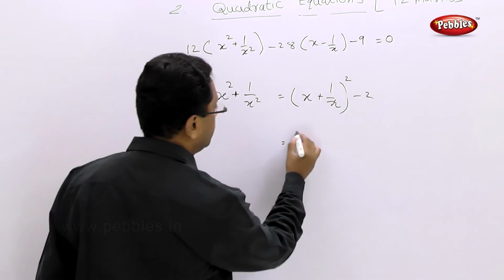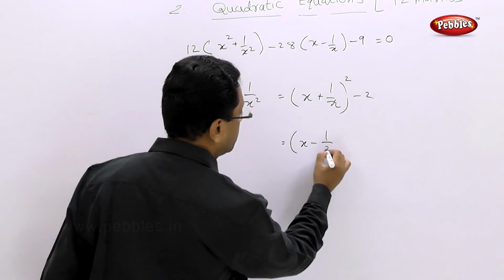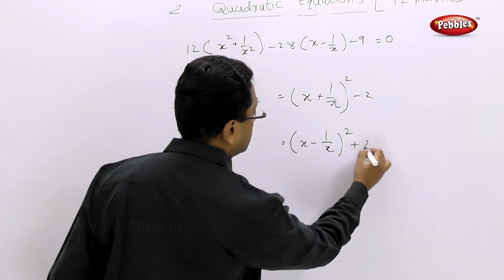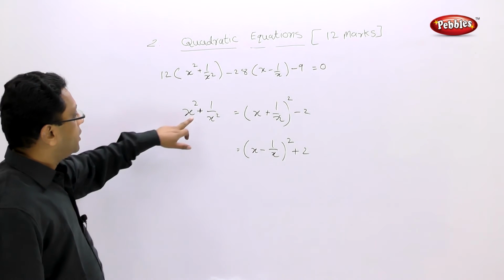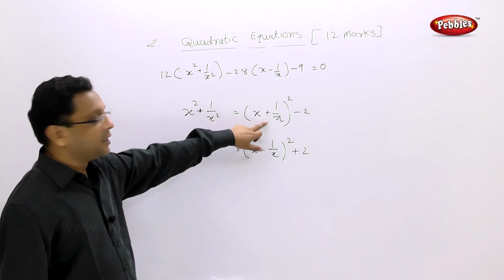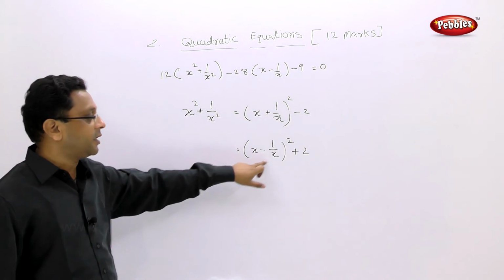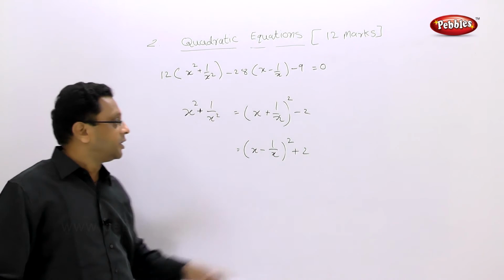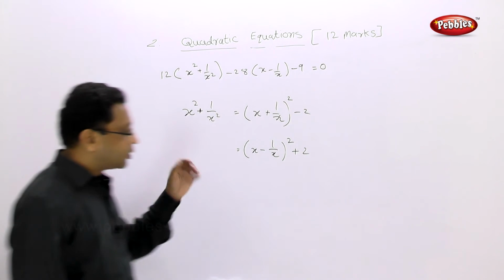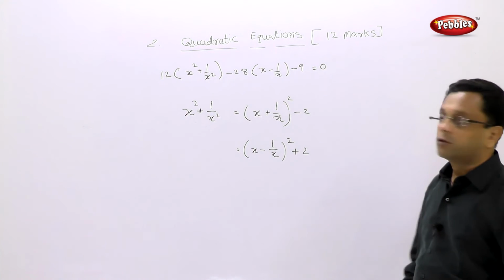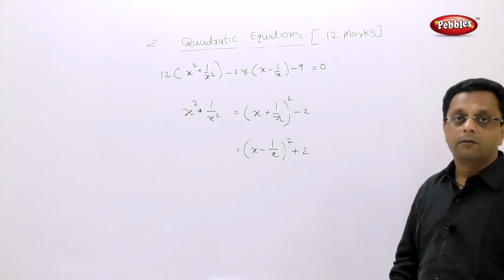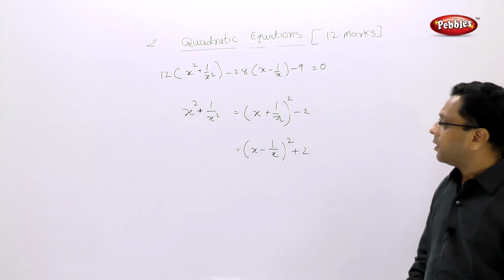And if you want x minus 1 upon x, then bracket square plus 2. Very simple. If this is a plus sign, this will be minus. If this is a minus sign, this will be plus. Rest of the things are the same. You have to note down these formulas in your notebook so that you can remember and revise them.